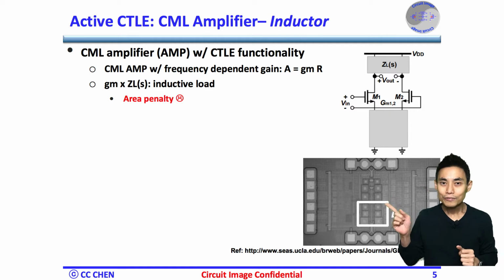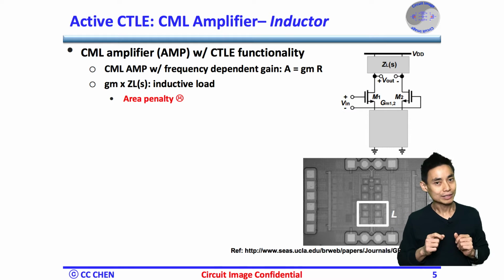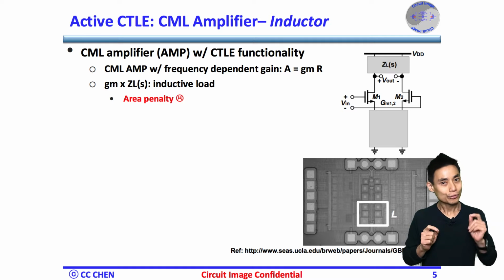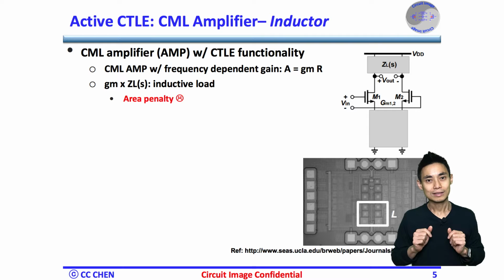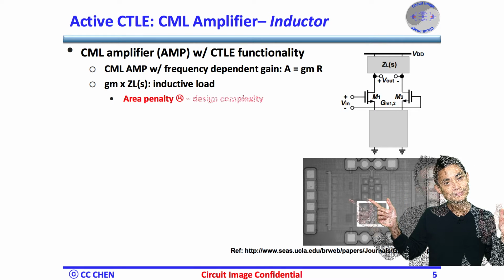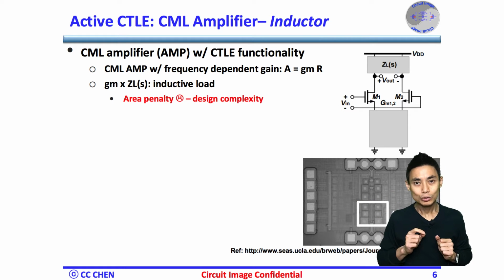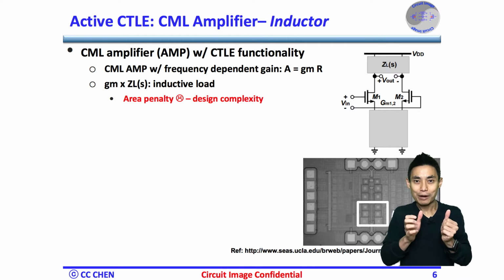So the floor plan of the CTLE would look something like this. The most obvious issue is the area penalty, which is very expensive, especially in 3nm FinFET and those advanced processes. Anything else from the area issue? Right. To mitigate the area penalty, we could squeeze all the inductors together to minimize the area.